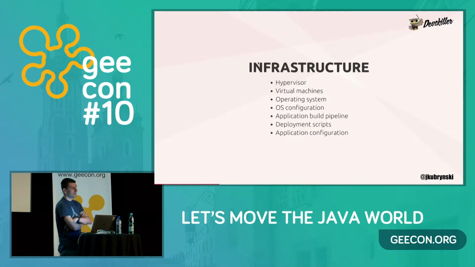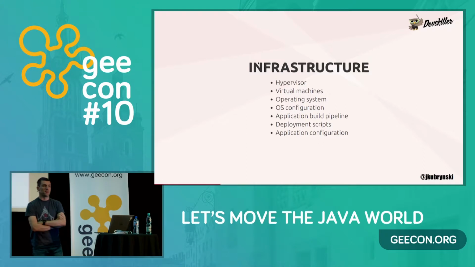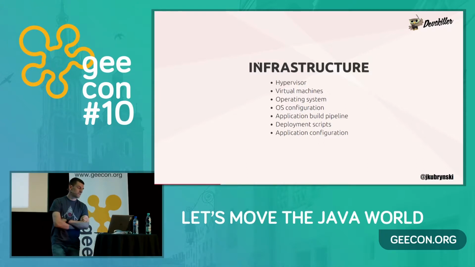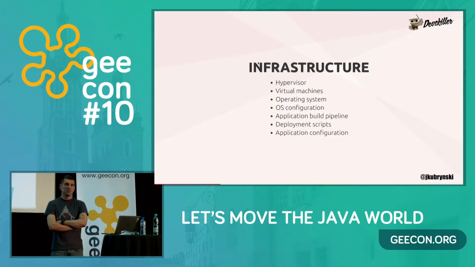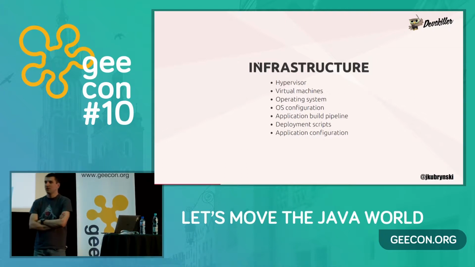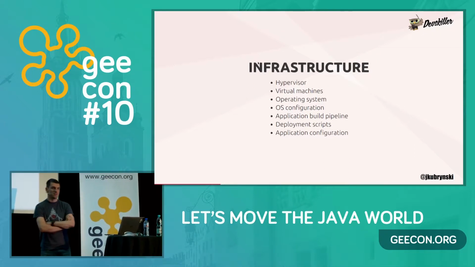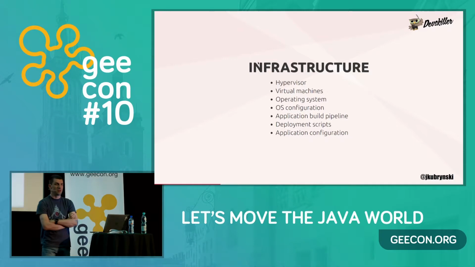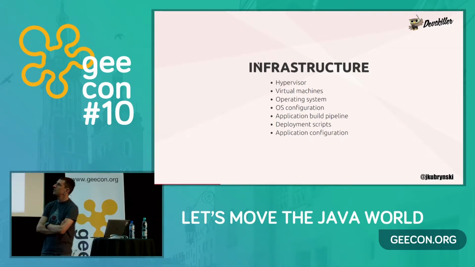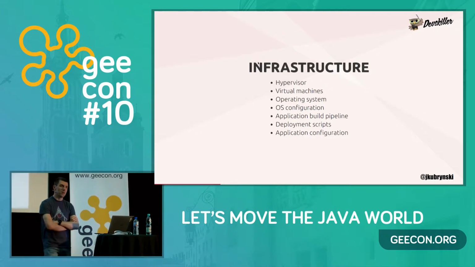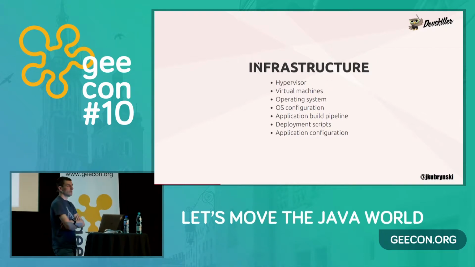So when we take a look at the infrastructure definition, generally it can be everything, okay? If we have some bare metal machines, of course, it's hard to automate creation of the bare metal machines. It's hard to create a machine-readable file that will install the computer in the rack. But everything starting from the hypervisor can be automated and can be treated as infrastructure in case of this infrastructure as code paradigm.